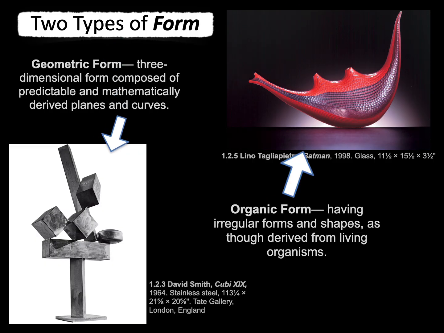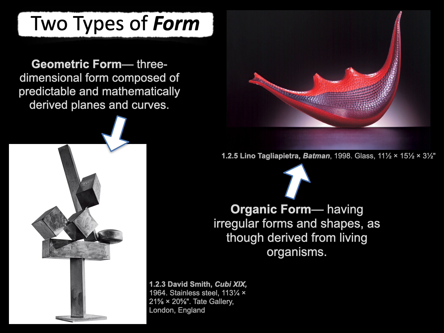There are two types of forms, just like there are two types of shapes in two-dimensional images. There are two types of forms in three-dimensional objects, geometric and organic. David Smith's Cubi is considered geometric because it is composed of cubes, rectangular cubes, and a cylinder-like form. Nothing in it would be created in the wilds of nature.